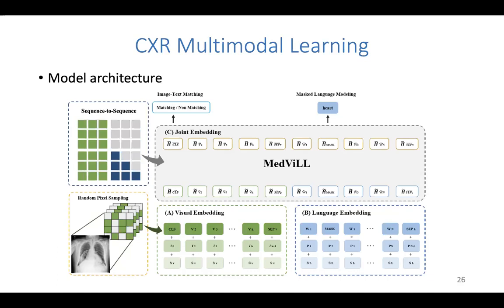Or you can use a sequence-to-sequence attention scheme. What we're trying to achieve is, if you think about the transformer decoder, you use a triangular attention map to encourage decoding behavior.